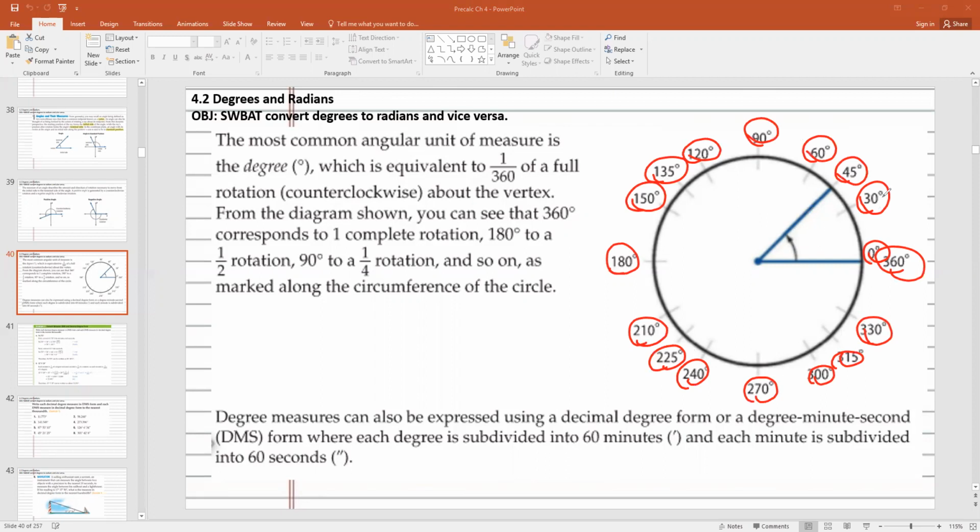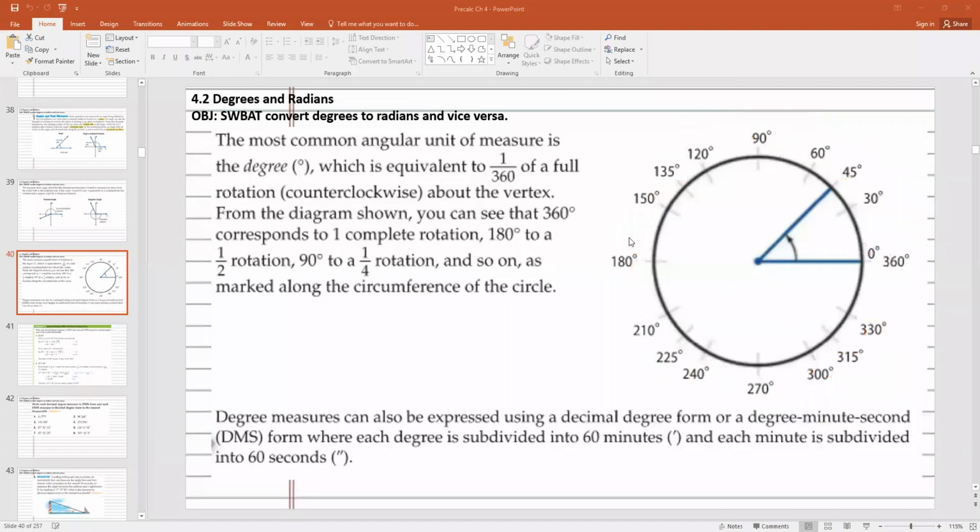So notice that we're adding 30, and then adding 15, and then adding 15, and then adding 30, adding 15, adding 15, adding 30. So you're just repeating that process. Okay. And we're going to talk about the unit circle in the future. So coming up. And yeah, we'll get more familiar with these numbers.